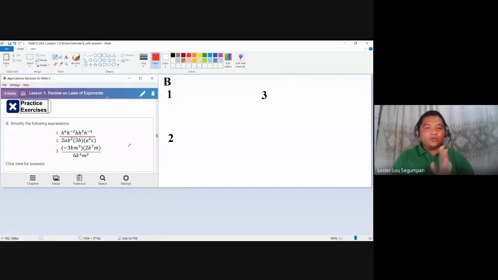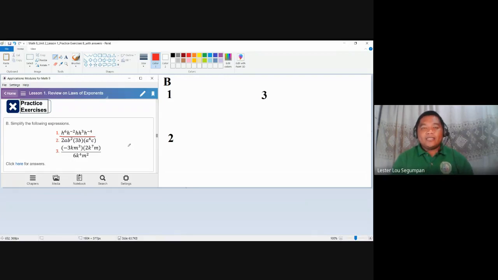But before we go to simplifying any of these numbers, we need to understand that when using the multiplication law and the division law of exponents, there is a great need for us to determine which of those expressions have the same bases. Because we can't apply the multiplication law of exponents nor the division law of exponents if we deal with exponentiations with different bases.